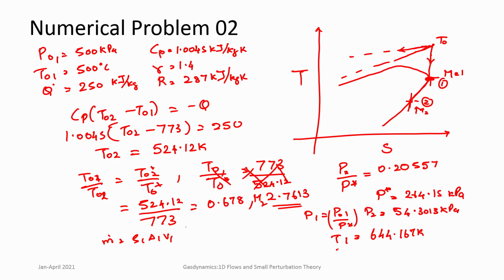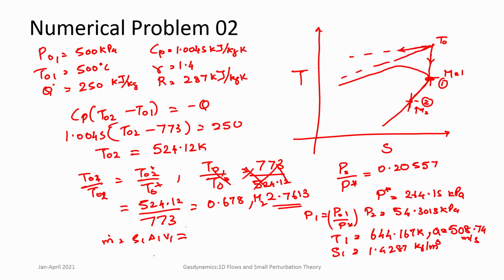Rho 1 is 1.4287 kilogram per meter cube, and velocity corresponds to Mach number equal to 1, which is the acoustic velocity at 644 Kelvin, which is 508.74 meter per second.